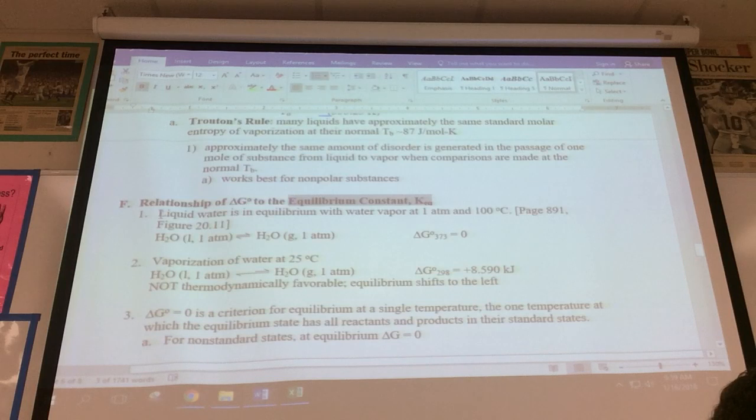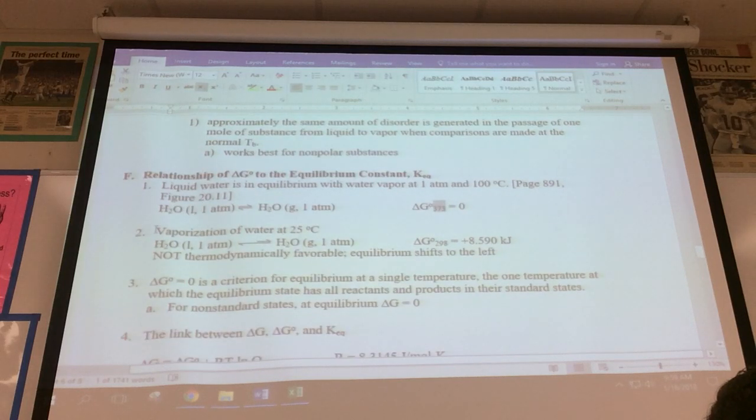When you have an equilibrium situation between liquid water and water vapor at 100 degrees Celsius, you know that these two molecules transition back and forth, and we know that water boils at 373 Kelvin or 100 degrees Celsius.